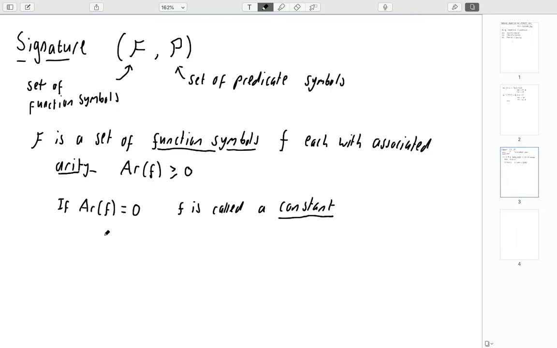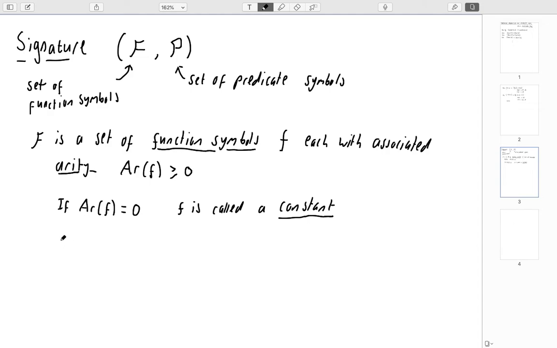So in our examples, well, there weren't any function symbols, or we did not use any in the example of the network of devices. But in the mathematical example of ordered rings, we did use function symbols.